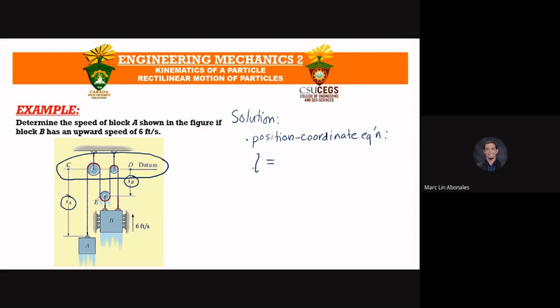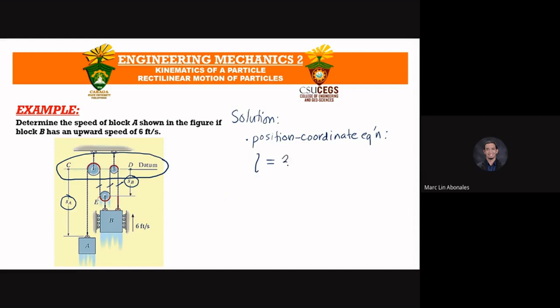That is represented with L, which is the total chord length, excluding the red colored chord lengths shown in the figure, and it is equal to this 3, which is represented with SB.